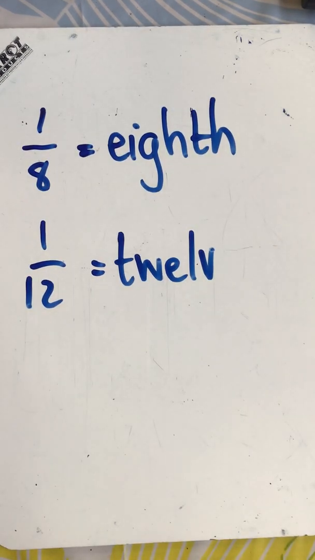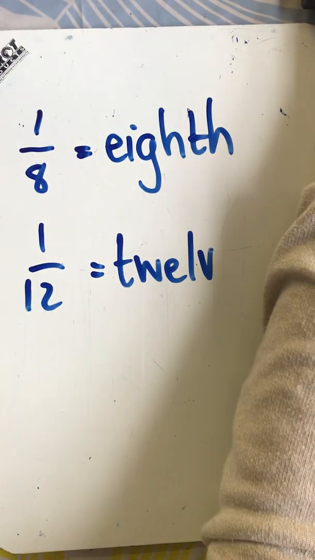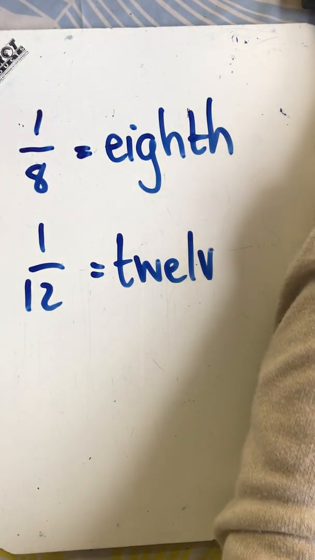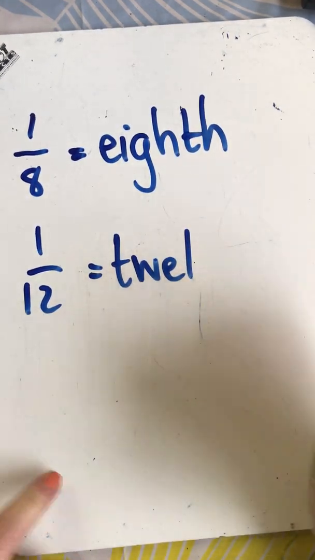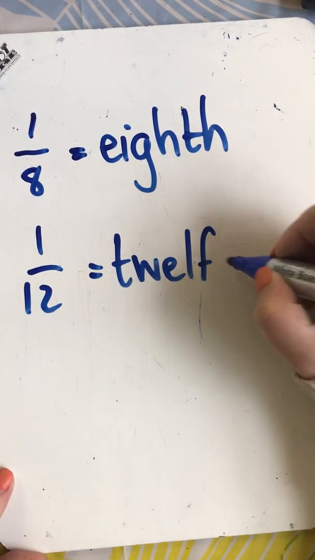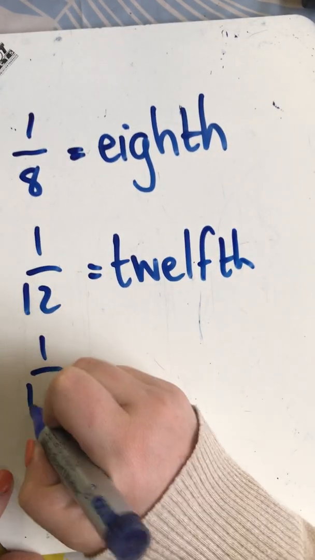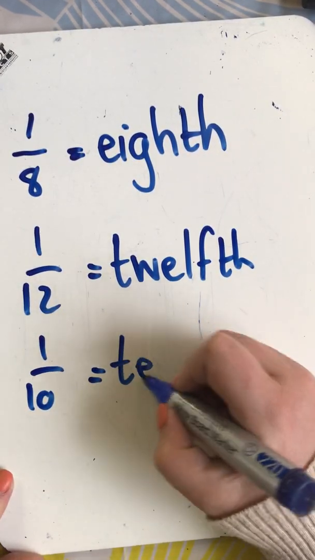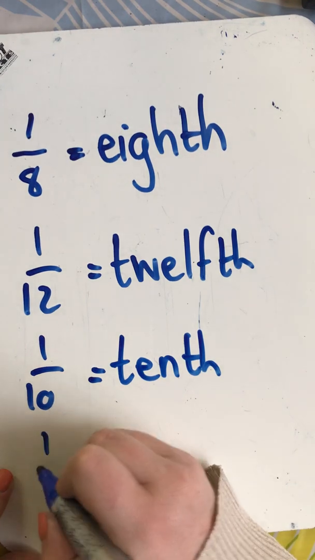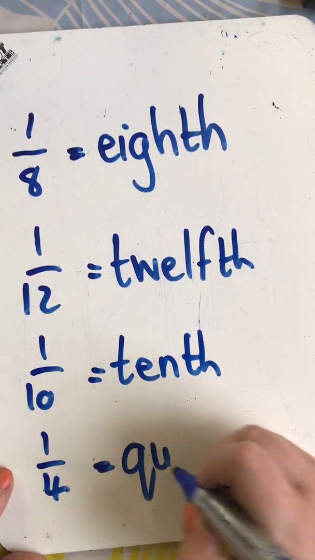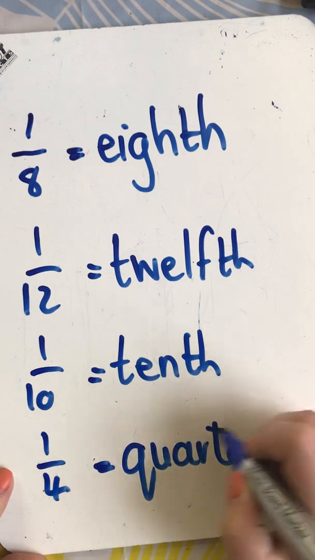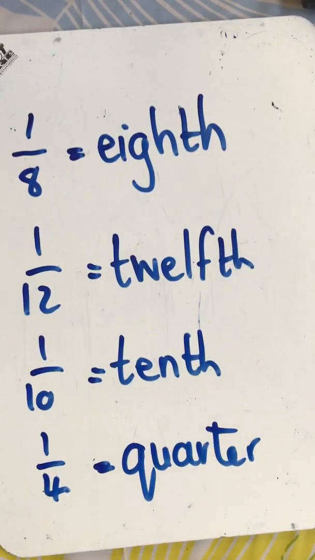Yeah, this one is actually different. 1/10 is a tenth. 1/4, not a fourth, I guess you can say a fourth, but we prefer a quarter.